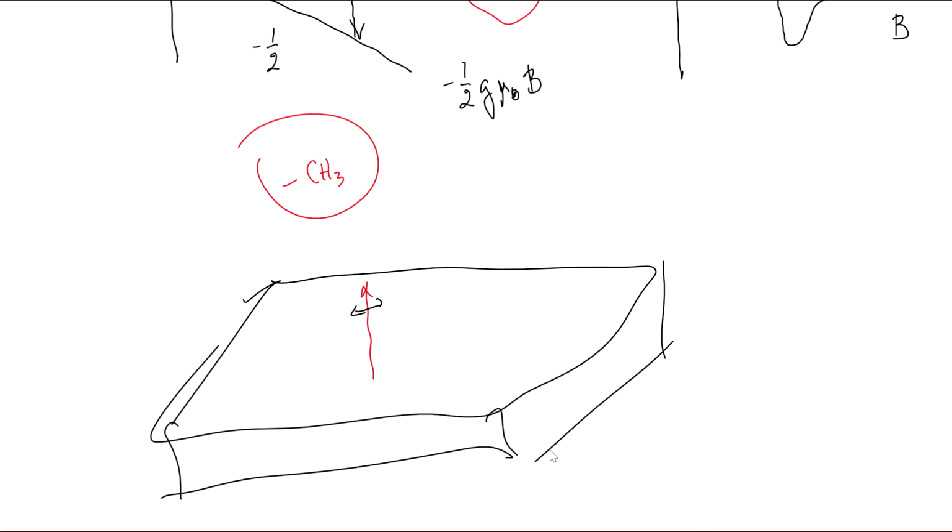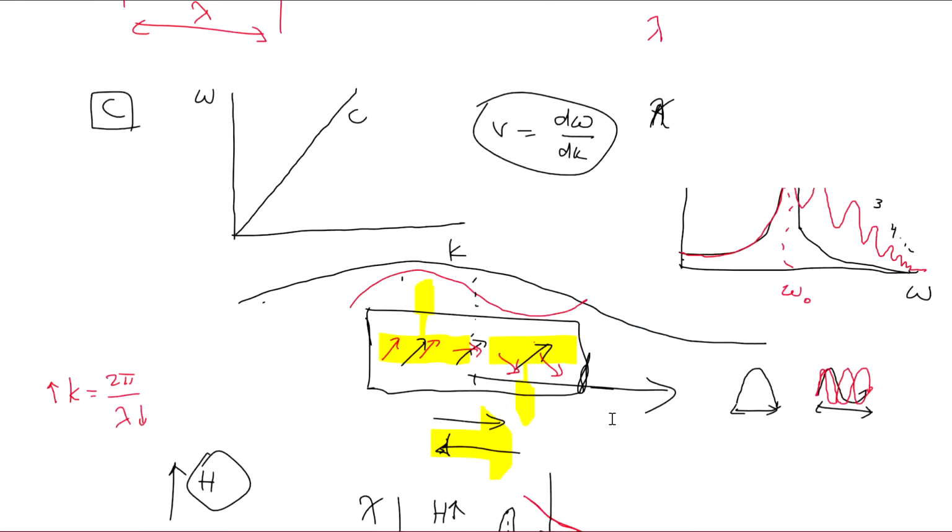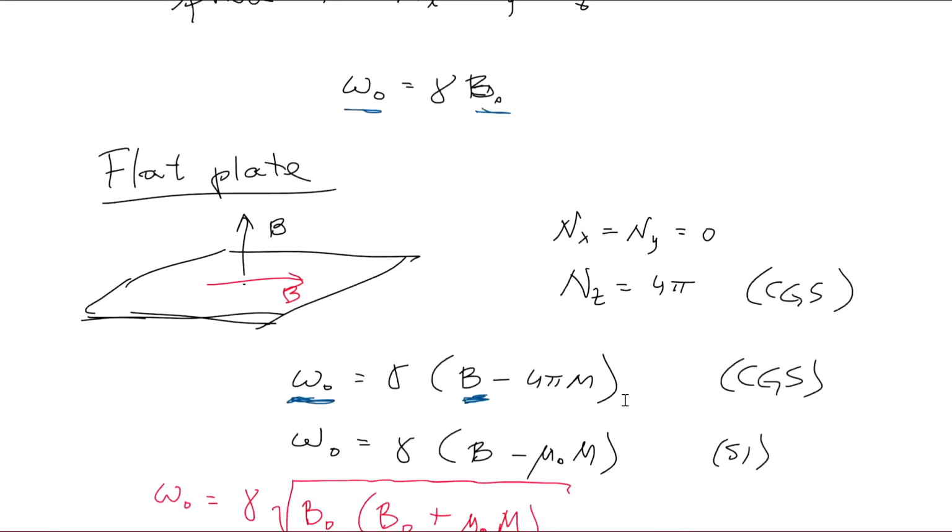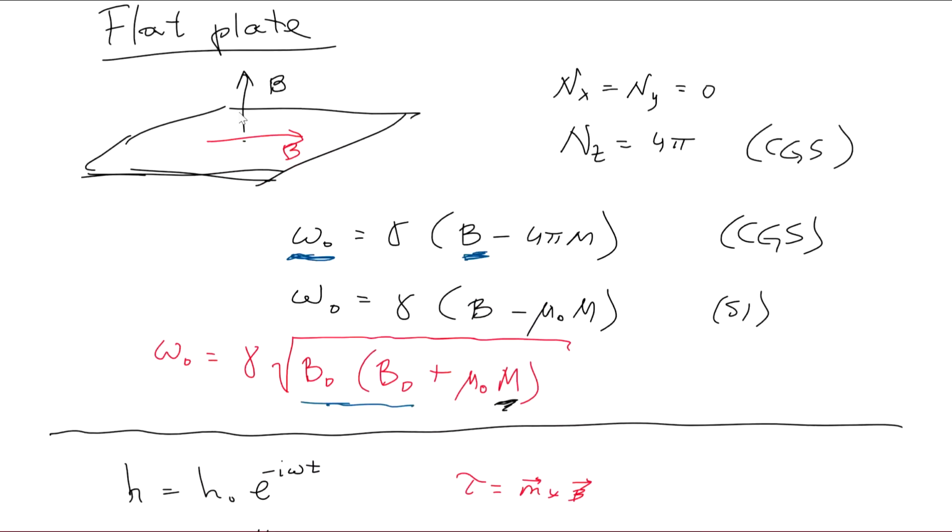So based on these oscillations, let me scroll back to the ferromagnetic resonance. For example, this is your material. So if you measure the frequency at a given field, we can extract the magnetization.